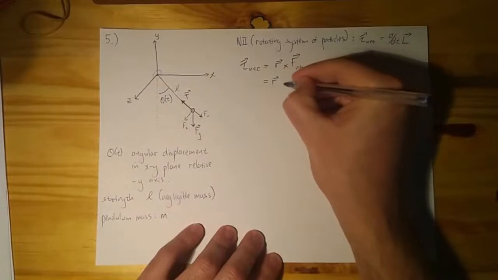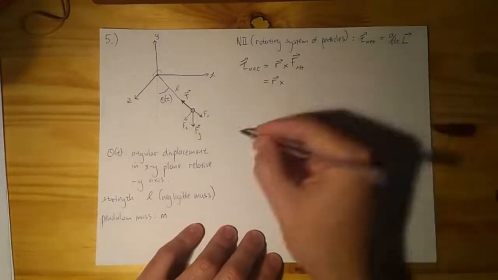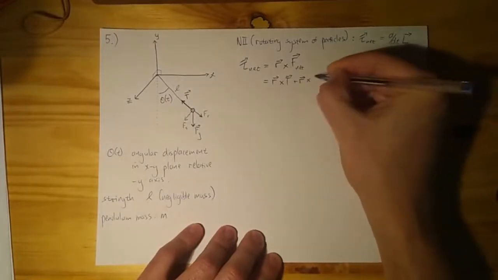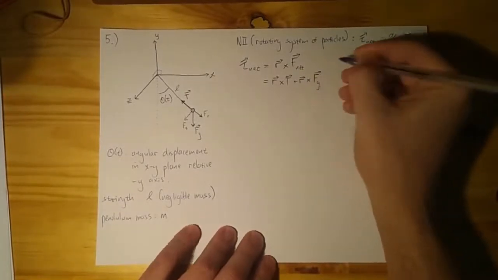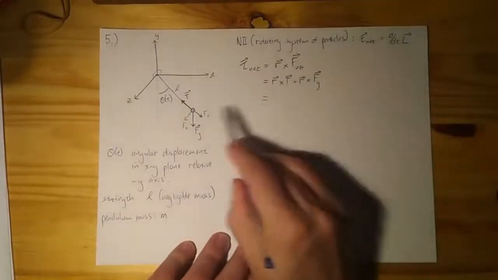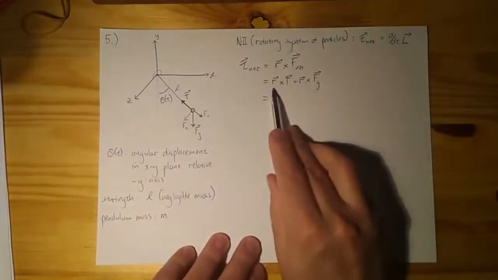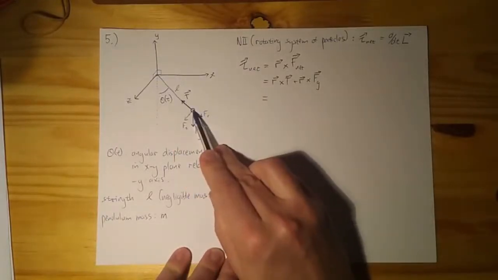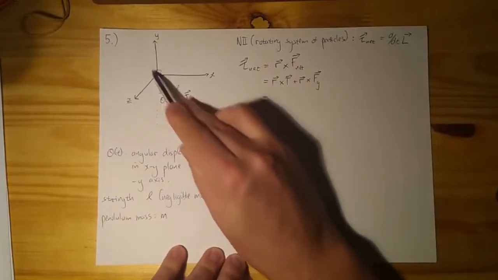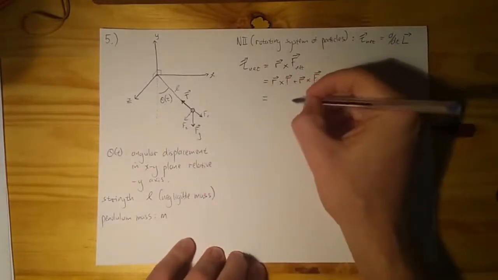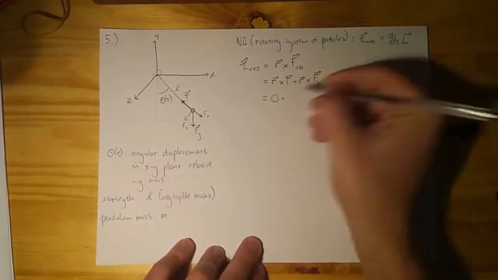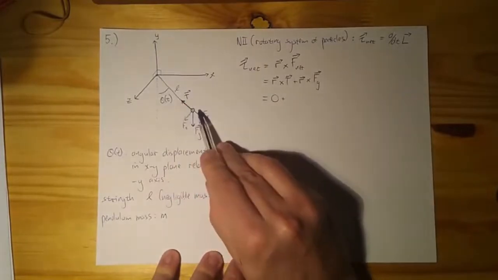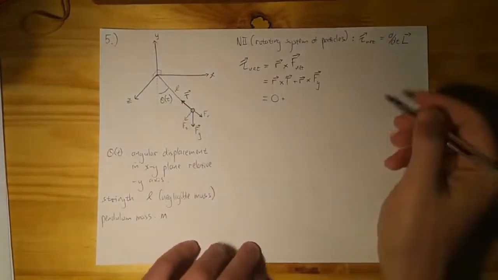So it is R cross product T plus R cross product FG. But look, what is this connecting vector, this R vector? It is the vector going from there to the pendulum. And in which direction is the tension? It's parallel to it. So this term falls away. Okay, so what are we left with? We're left with vector R cross product with F of g. Okay, and what is that equal to?